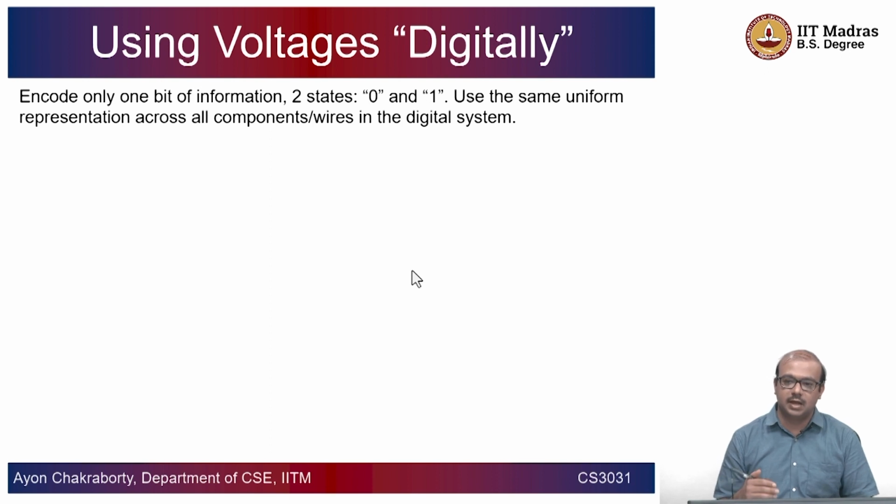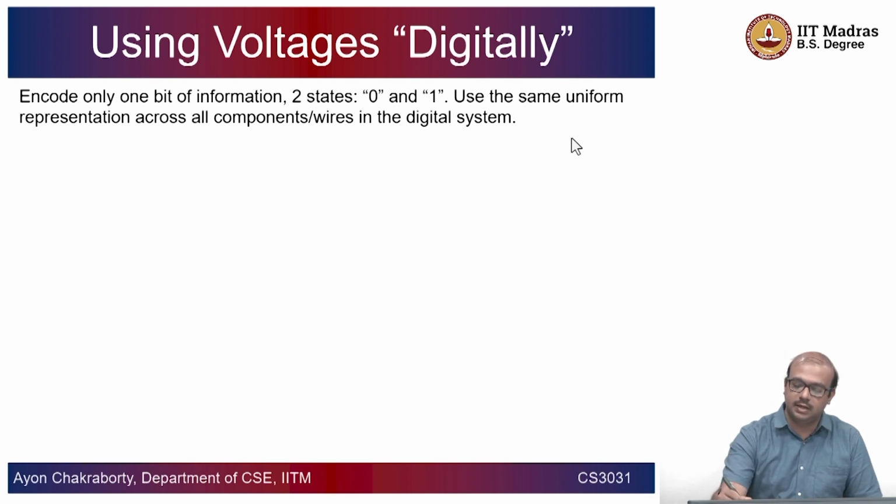If you say that anything more than 4.5 volts is 1 and anything less than 4.5 volts is 0, so let's say if your voltage is greater than 4.5, then we say this is 1. If it is less than or equal to 4.5, we say 0. Let's say this is one system.